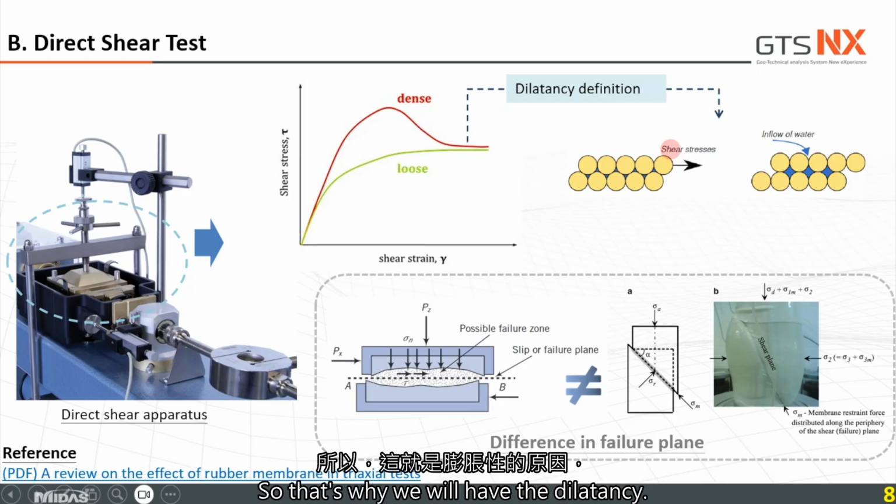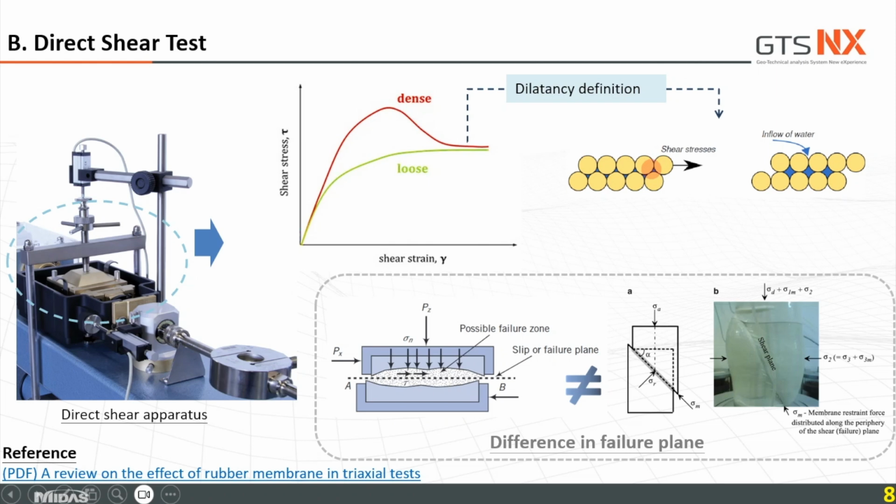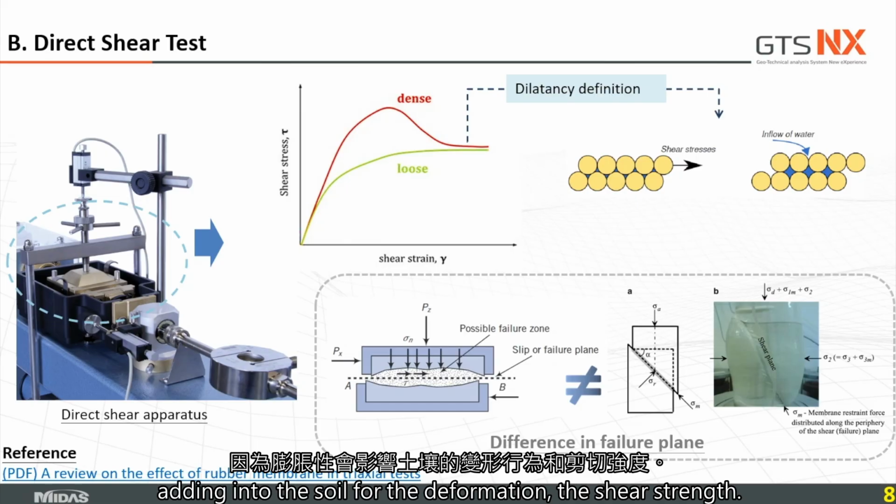So that's why we have the dilatancy. This we call the dilatancy. That is important to add to the soil deformation and the shear strength.